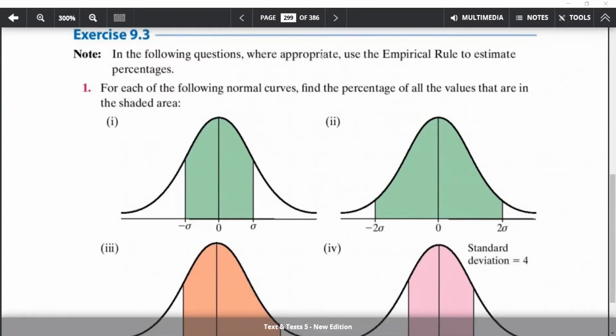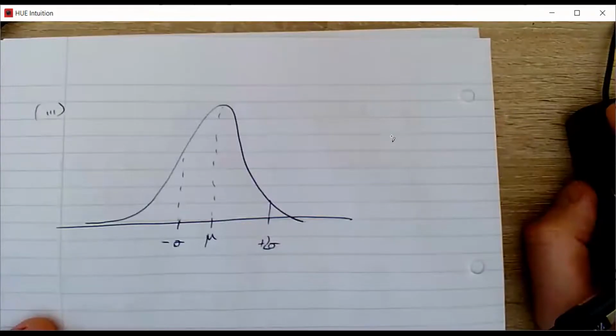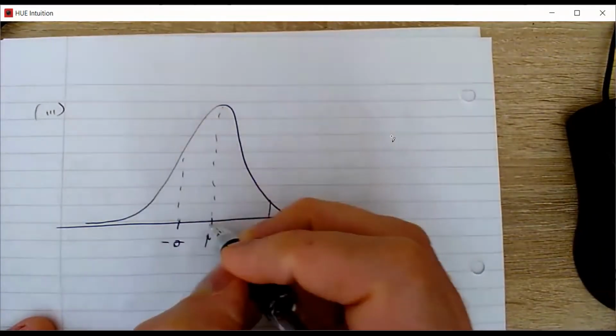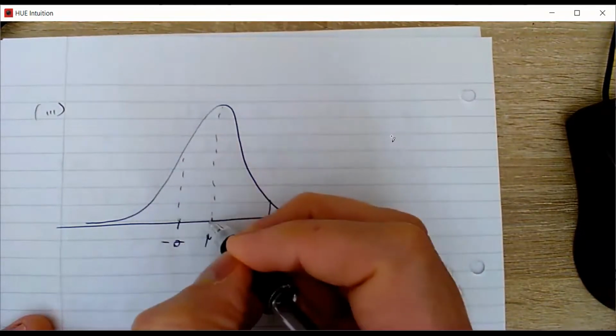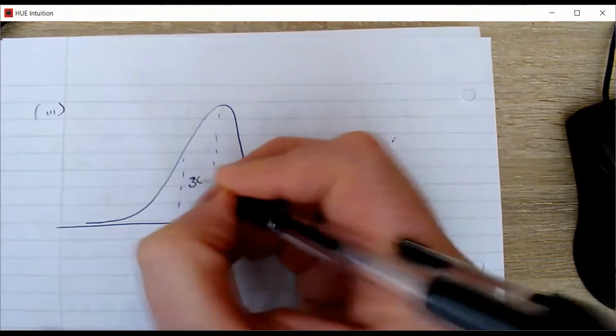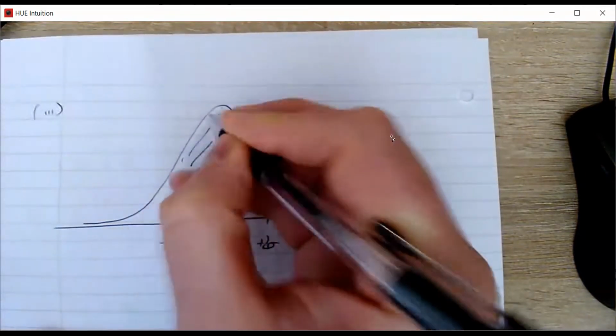I'm going to draw that separately. Okay, for our third diagram, you can see we have 1 standard deviation below and the mean. Well, that's half of our 1 standard deviation rule. So half of our 68% is 34% of our data contained on this side of the diagram.